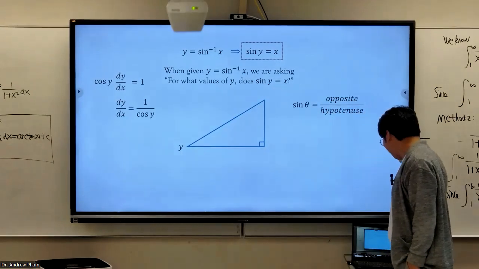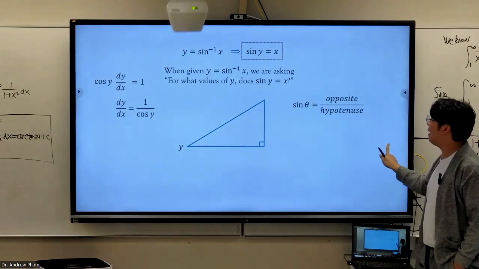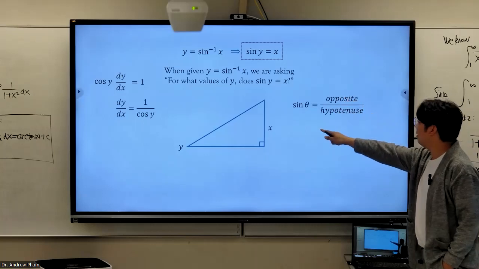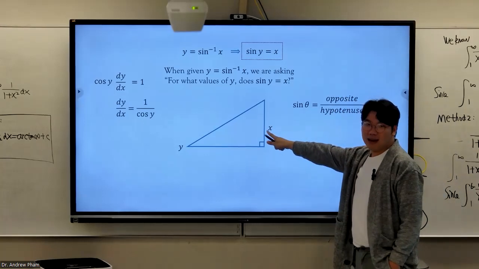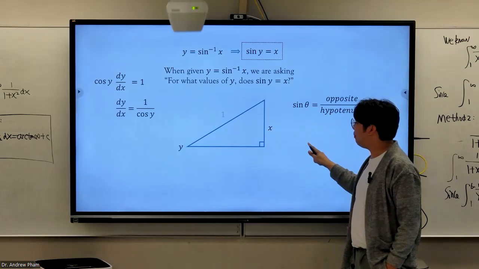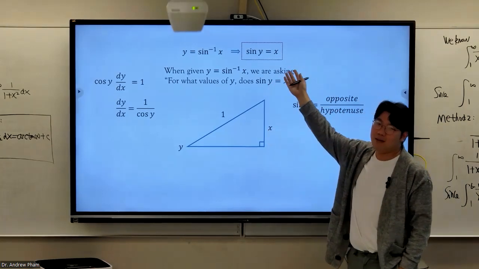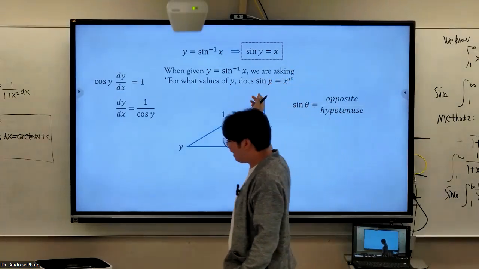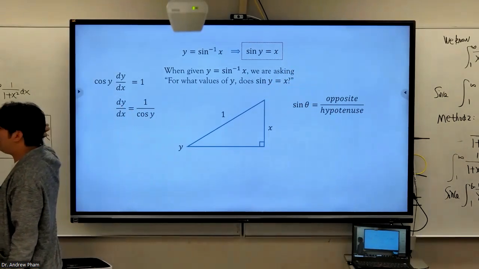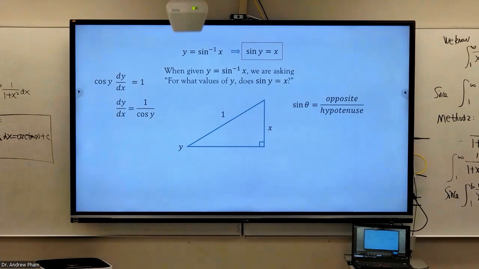Well, since sine is always opposite over hypotenuse, and since we have sine of y is equal to x, that means the opposite is x, and the hypotenuse is 1. Because again, we can write x as x over 1, so we can make the opposite of y be x, and the hypotenuse be 1.